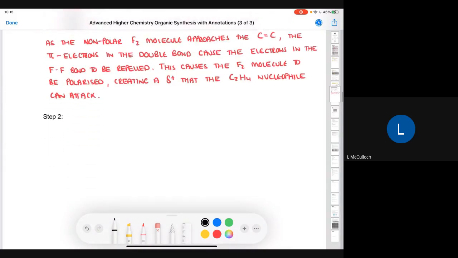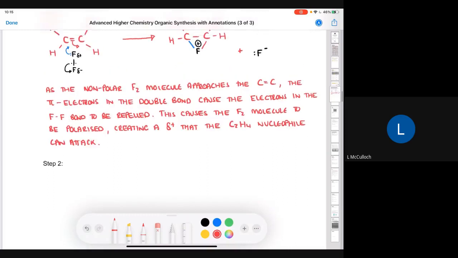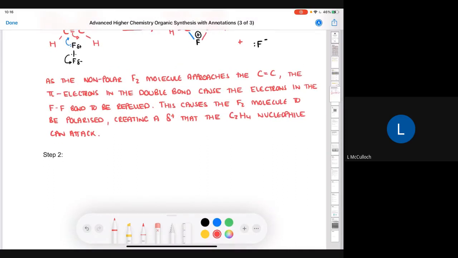Right, let's go on to step 2. So I'm going to start with my carbocation intermediate. It's not my carbocation intermediate, sorry, I'm starting with my cyclic intermediate.